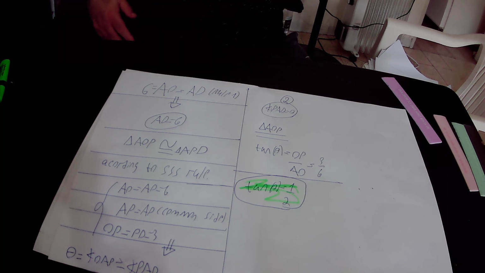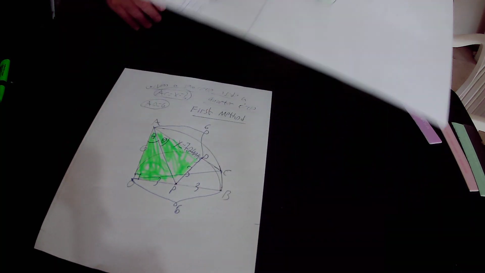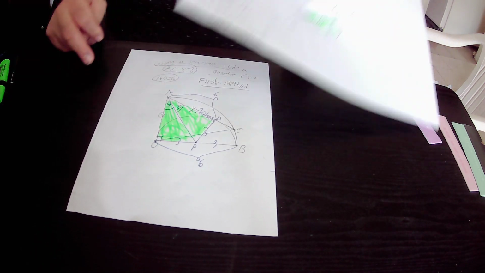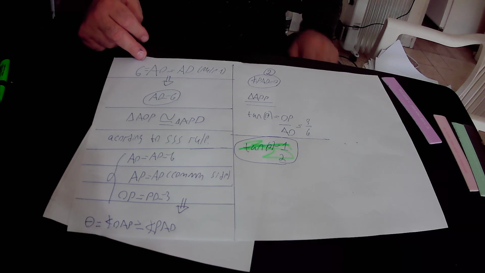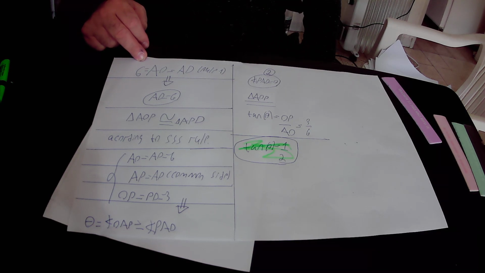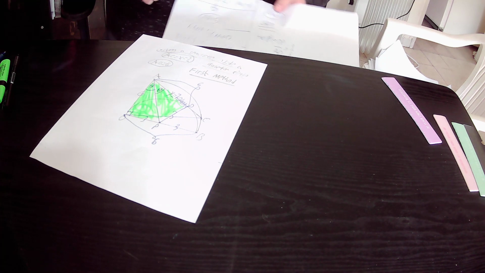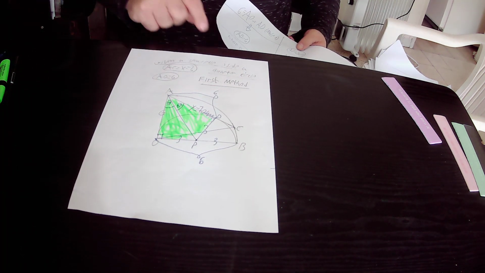But here AO equals 6 units according to what is given in the question. So we can write here that AO equals 6 units. And from this equation 6 equals AO equals AD, we derive that AD also equals 6 units.